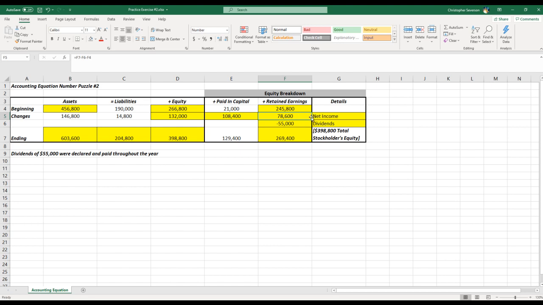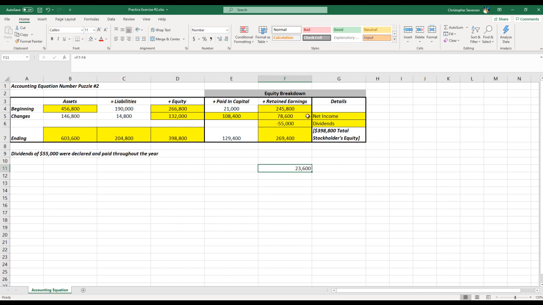Now again, when you first look at that formula, it might seem a little jumbled. So it's one of those you'd want to double check to make sure you have the right number in the end. If we just add these three together, including the fact that we're adding a negative, so subtracting the number, you'll notice that our sum down here does indeed equal 269,400. The other way to work that problem, if you're doing it on the side, is that you know the net difference between retained earnings had to have been 23,600, but you already had a negative dividend.